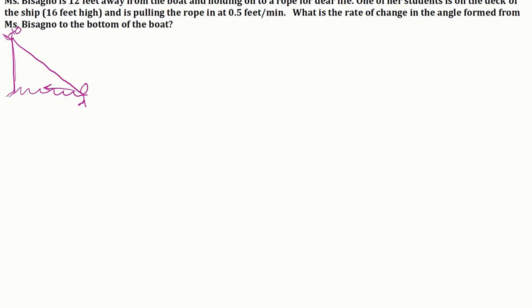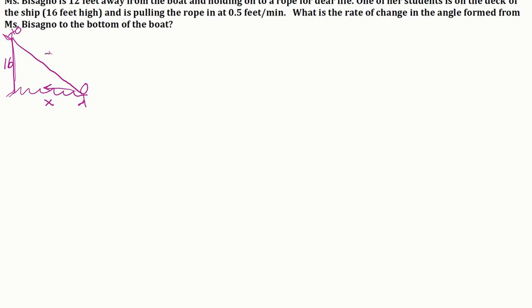That means that this distance, I'll call this x, that distance x is changing as I get closer and closer. The deck of the ship is 16 feet high. Now that is not changing, so I am allowed to mark that as 16 because the boat, we have to assume, is going to stay at 16 feet. And then we know that the rope is being pulled in at 0.5 feet per minute.